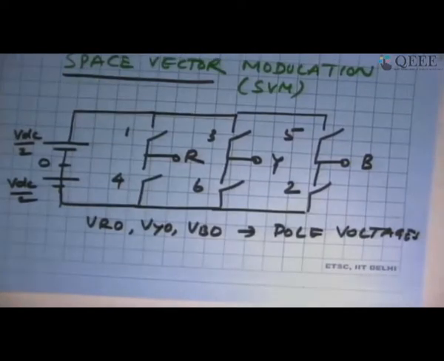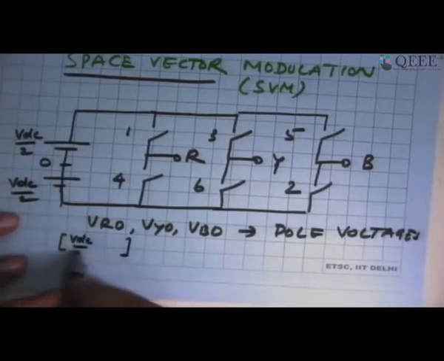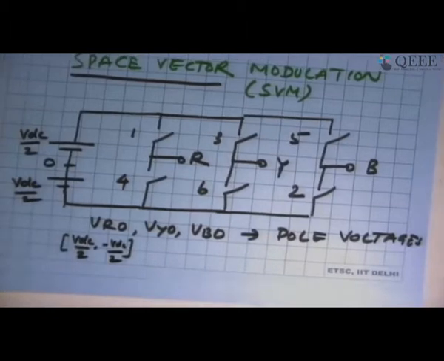Depending on how the switches are turning on and turning off, each pole voltage can have only two switching states, either VDC by 2 or minus VDC by 2.